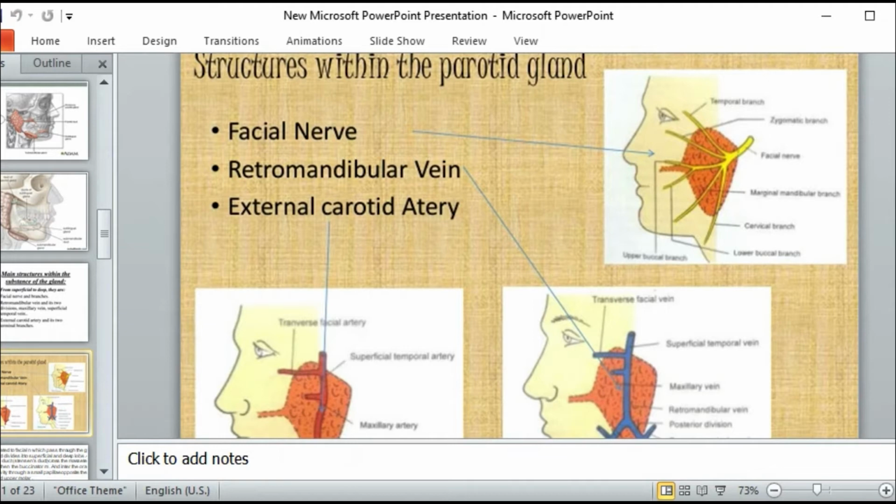So they separated this deep lobe and superficial lobe by the facial nerve. Also, before I say that the parotid duct, their name is Stensen's Duct. Before piercing the buccinator muscles, it's open to the oral cavity near the upper second molars.